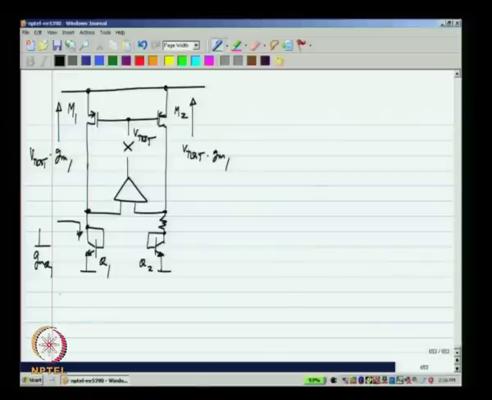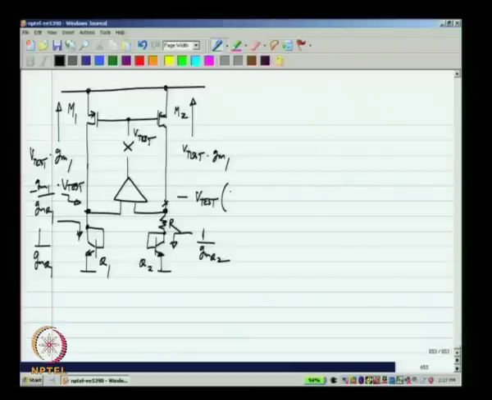So, the voltage here at this point will be minus Gm1 by Gm_Q1 times V test, and similarly here we have R, and the impedance looking down there is 1 over Gm_Q2. The voltage that appears here is minus V test times Gm1 times (1 over Gm_Q2 plus R).